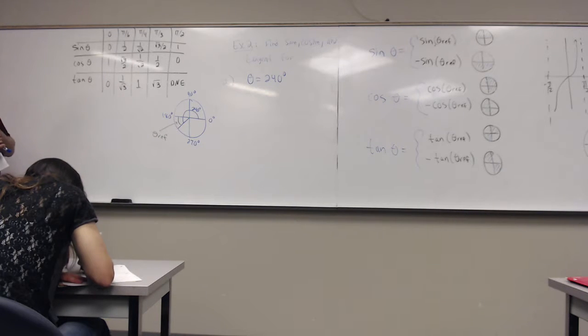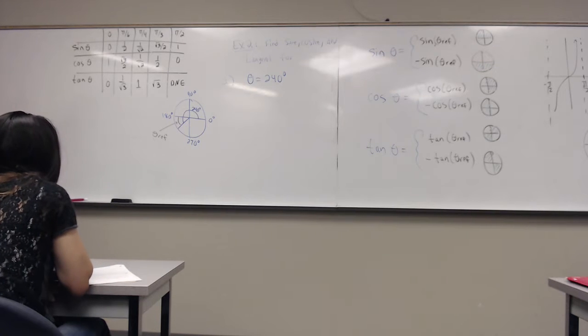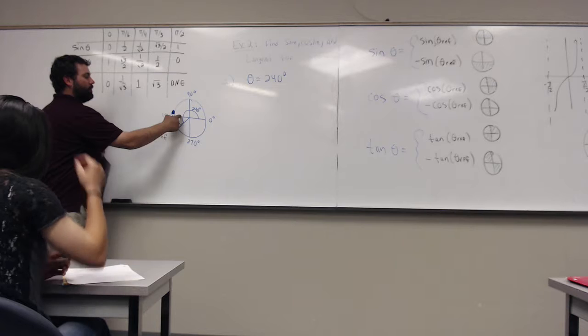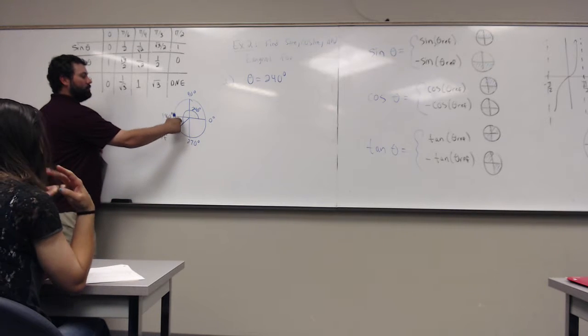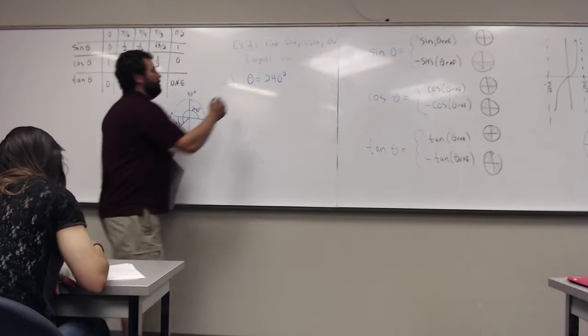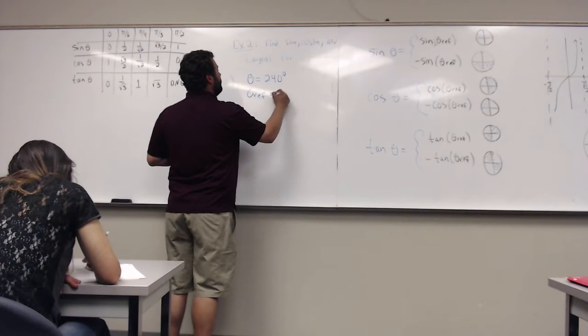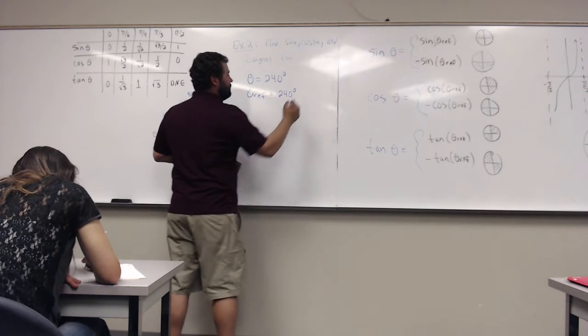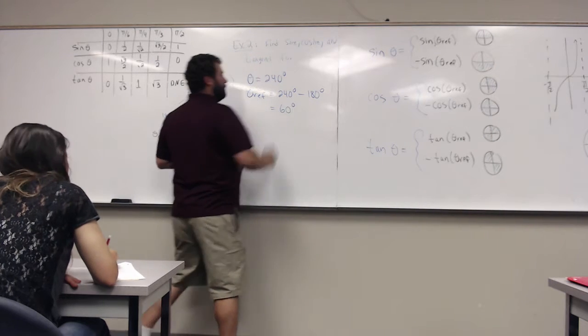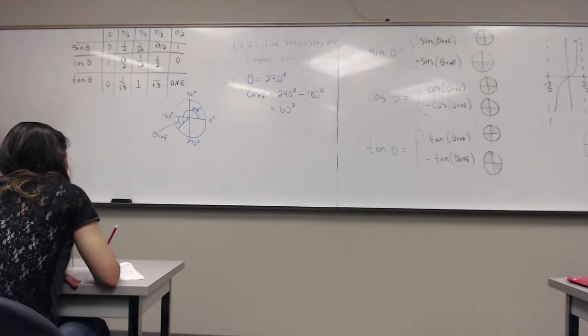So what am I going to get for a reference angle this time? Yeah, if going half the way around the unit circle is 180 and we went 240, the distance in here ought to be 60 degrees. Or if you like, theta ref is the full rotation of 240 minus the half rotation of 180, and you'll get 60 degrees.